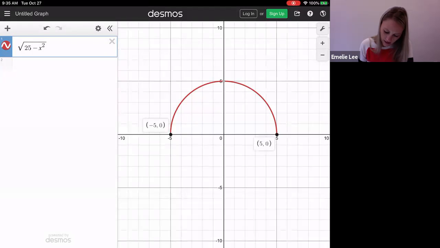So my domain is from -5 to +5, right? And I have this semicircle, right? So it checks out, right? We're saying, okay, x can be anywhere between -5 and +5.